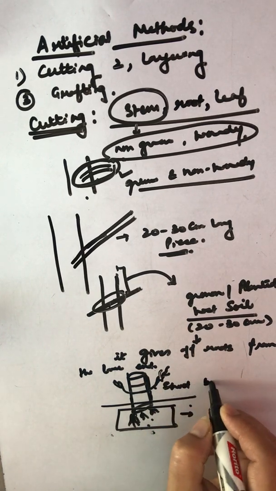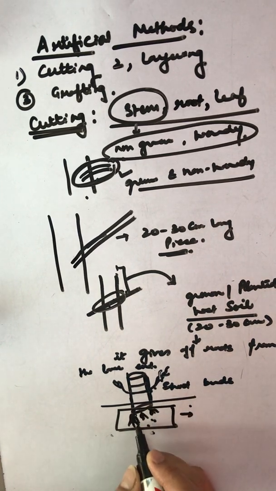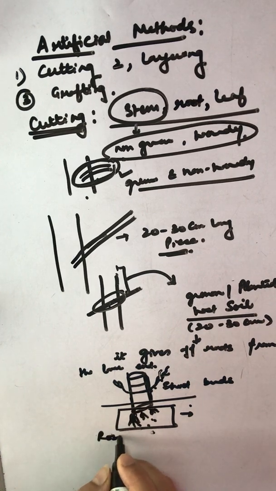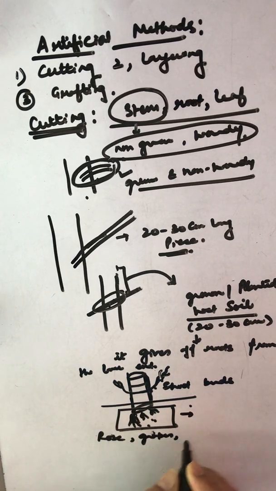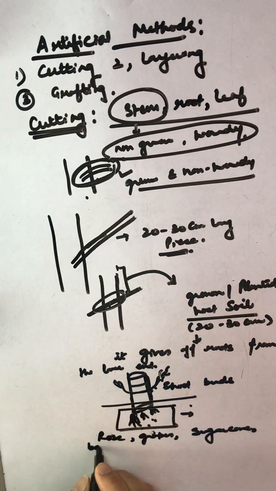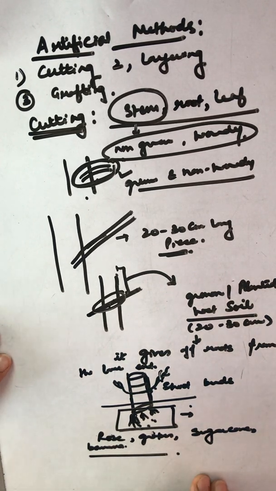So the shoot buds arise from this area and the roots arise from the lower area. And rose, grapes, sugarcane, banana can be grown by means of cutting. Now moving to layering.